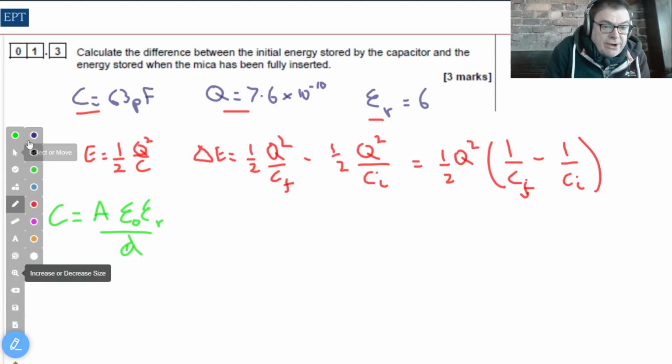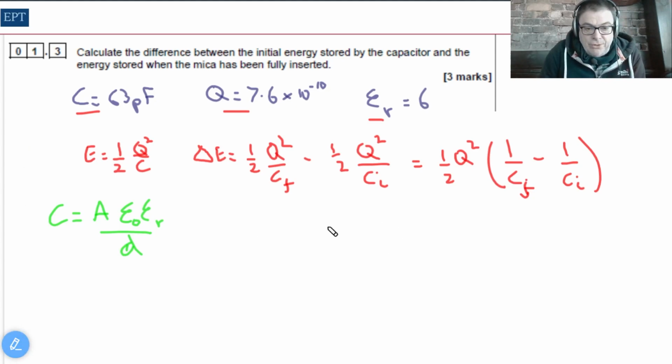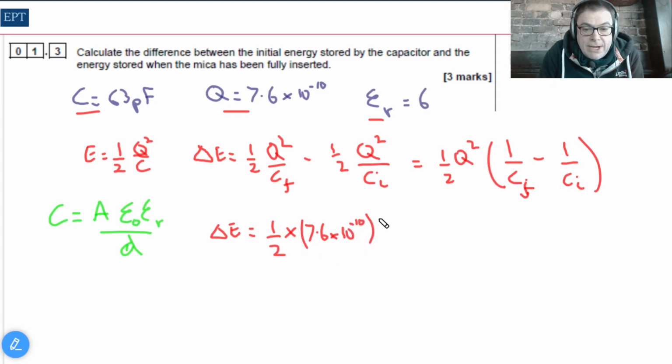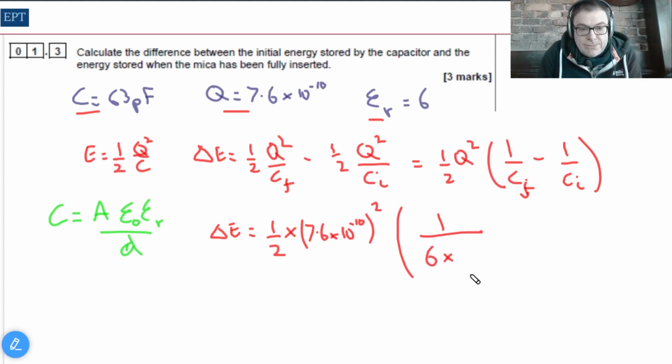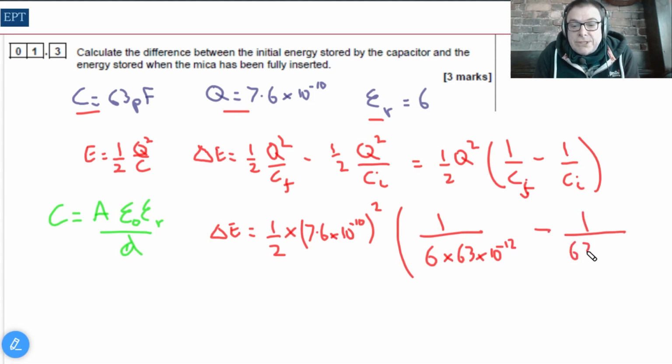So going back to a red pen and substituting our values now for delta E, we can say delta E is a half times 7.6 times 10 to the minus 10 all squared, multiplied by 1 over 6 times 63 times 10 to the minus 12 (pico is 10 to the minus 12), take away 1 over 63 times 10 to the minus 12.